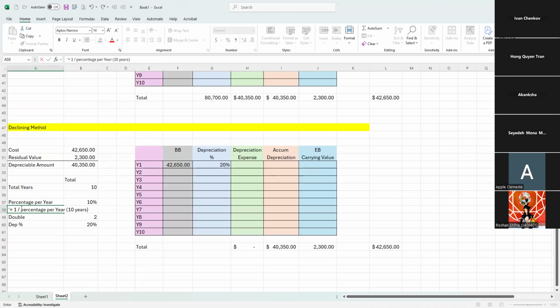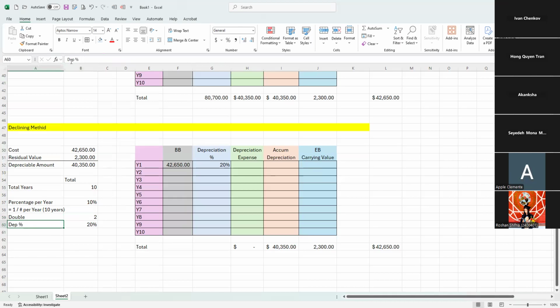No, sorry, 1 divided by the number of years. In this case, 10 years. That's how we're getting it. Make sense? Yes, and we just need to double the percentage, whatever we have. If it's double, 2.